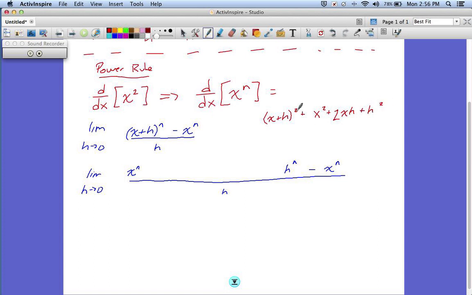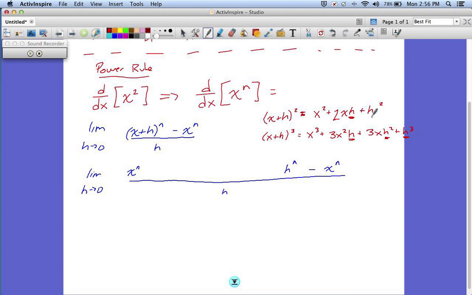And if I had made it the third power, x plus h to the third power, that would be x cubed plus 3x squared h plus 3xh squared plus h cubed. One thing to note is that the second term has a single h in it, and the other terms are increasing, h to the second, and then finally h to the third power.